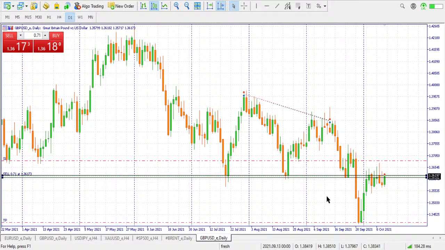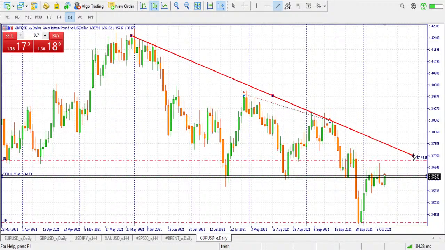So another thing which points us to a sell is that when you look at it, we have a trend line here. We do have a trend line which was used here as a resistance. It was used as a resistance here, which means that if the price can close beyond 1.36197, that is this line here, then we'll expect a continuation upwards up to this level here, where we'll look for a sell position.